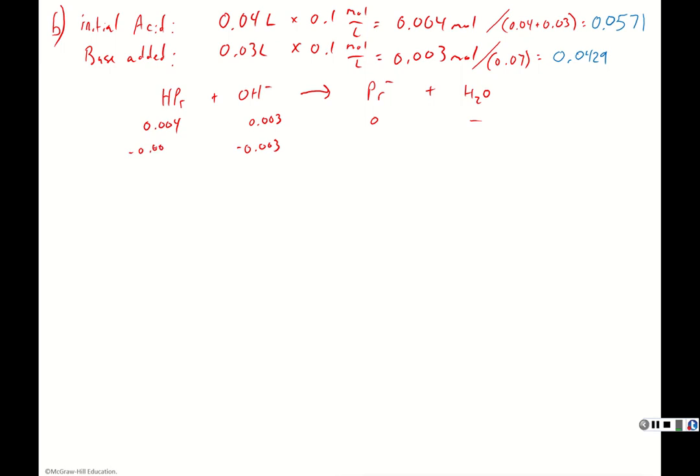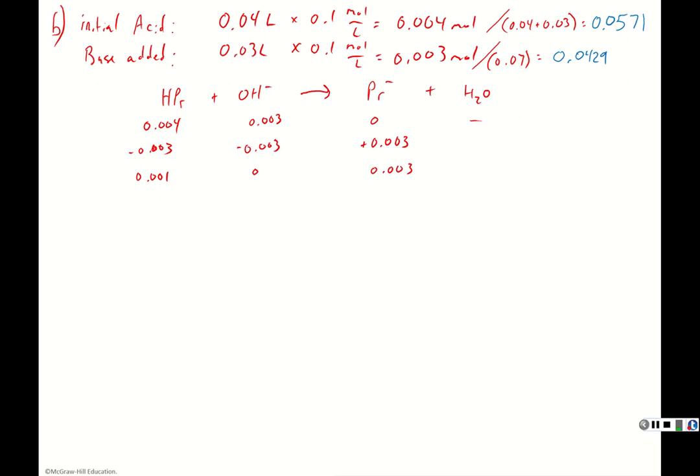And when you do that, you react with the same amount of your weak acid. And you're going to produce that same number of moles of your conjugate base. Right, so then your new amounts will be 0.001, 0, and 0.003.